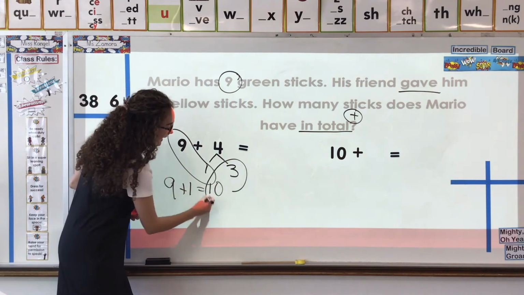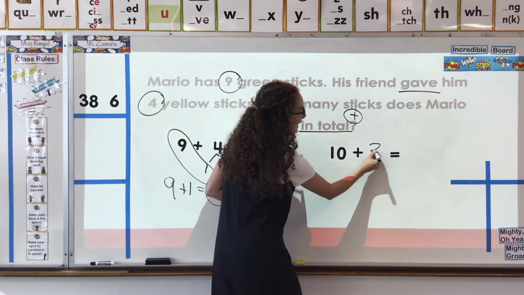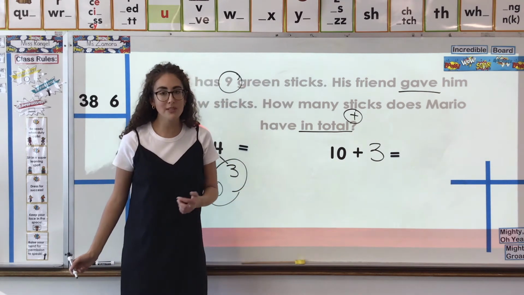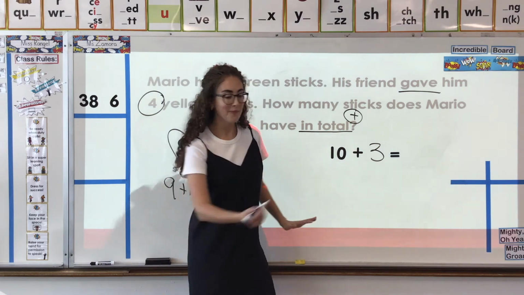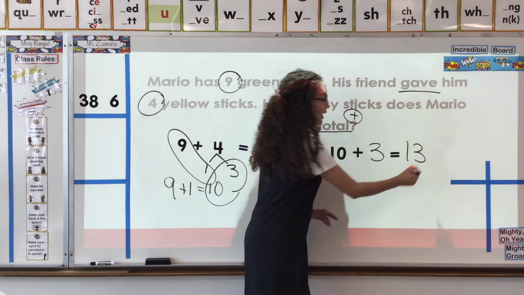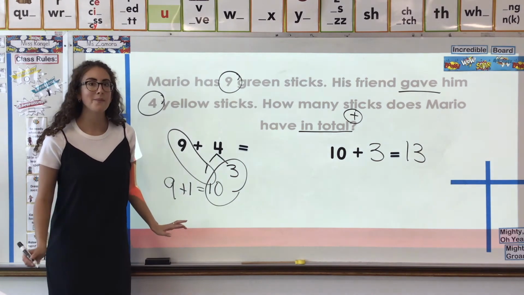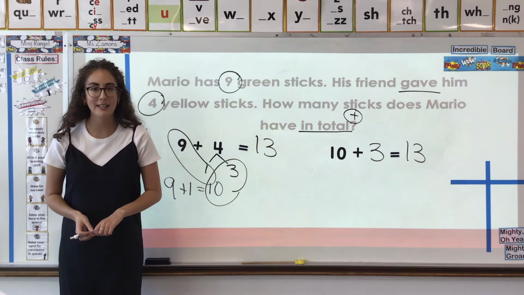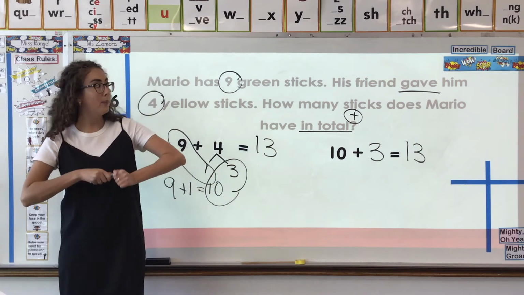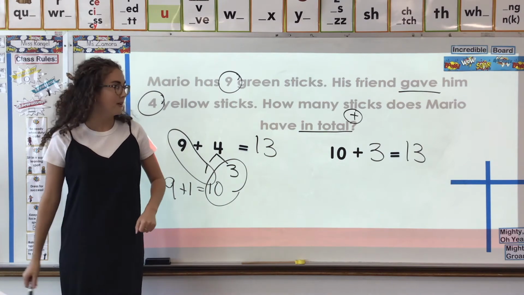And this 3 and the 10 are going to combine to get our answer. So Super Scholars, what is 10 plus 3? It's 13. So what is 9 plus 4? It's 13 as well.